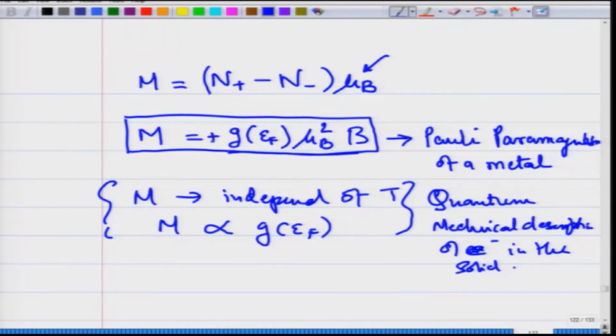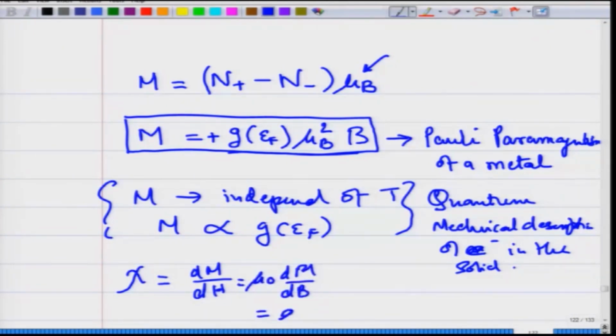The magnetization is positive, okay, and if you wish, you can also find the susceptibility, which is dM by dH, which is mu naught dM by dB, and this will give you the susceptibility of a paramagnetic metal, which will be mu naught into Bohr magneton square, okay.